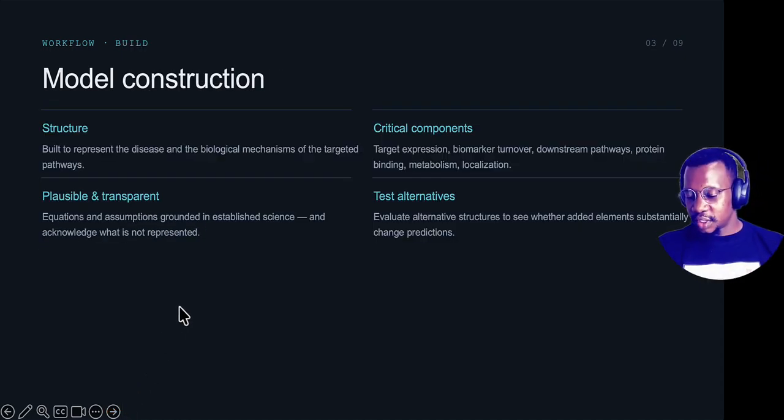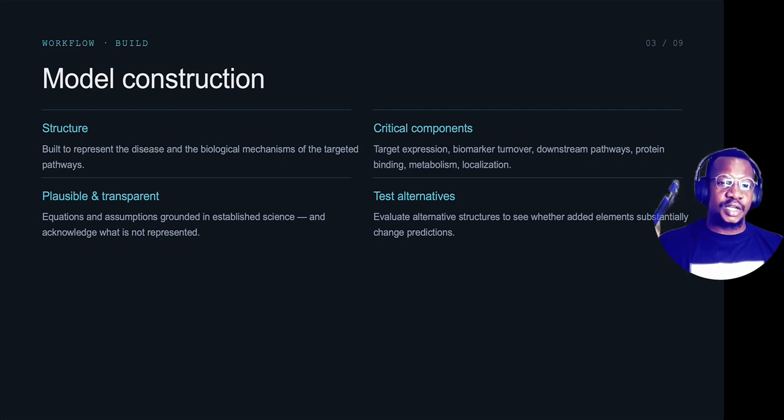So yeah, let's look at model. We've talked about the question of interest, the context of use, and model risk assessments to at least guide model evaluation and validation. Then model construction, where the model structure represents the disease, biological mechanisms, and pathways related to the drug.